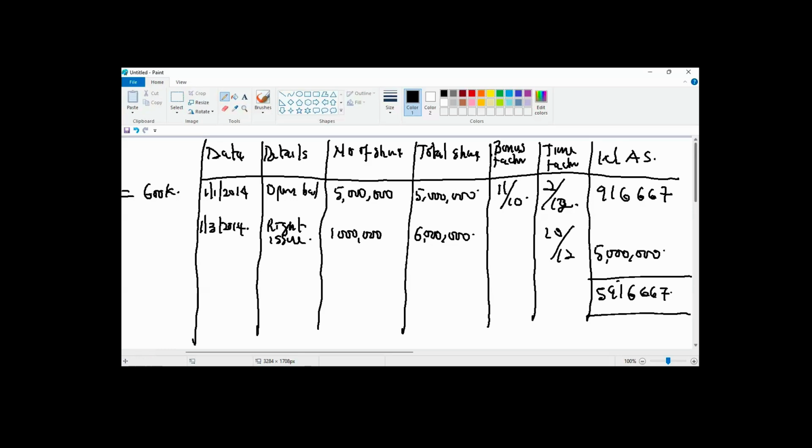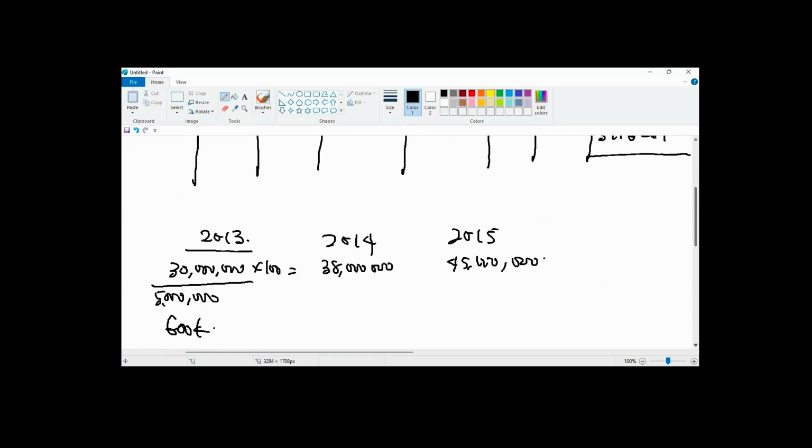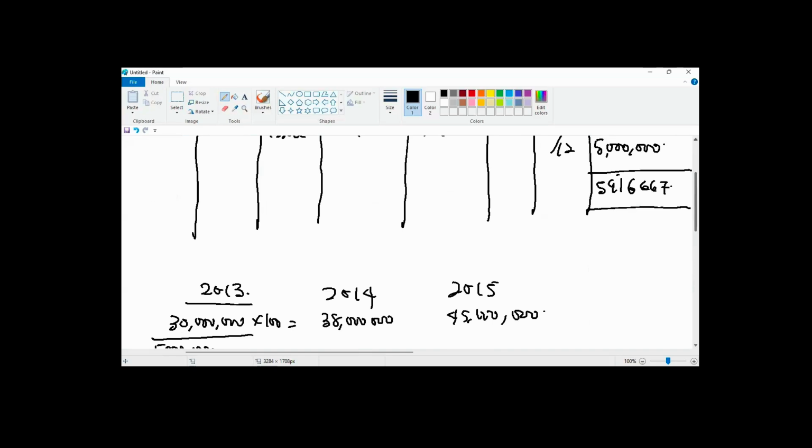So I can calculate earnings per share of 2014 by dividing by the weighted average of 2014, which is 5,916,667. Then for the 2015, I'll divide by the total, 6 million. That's all.